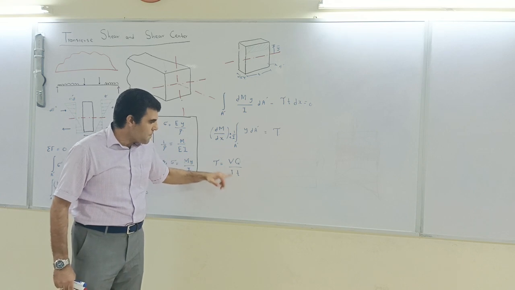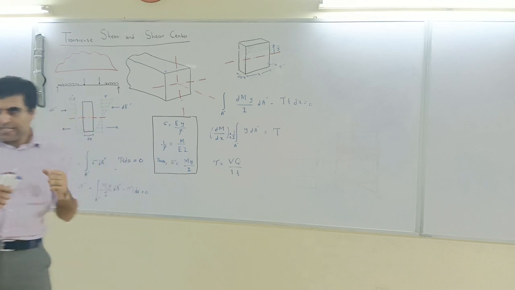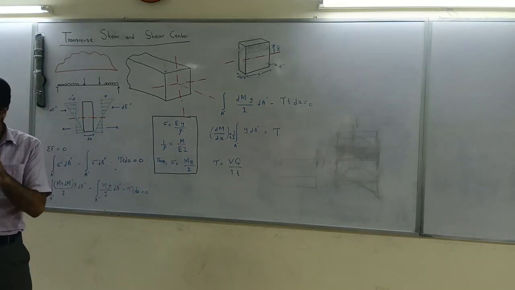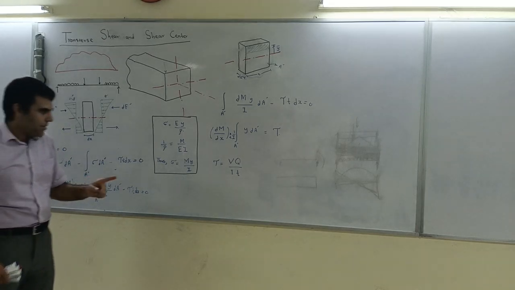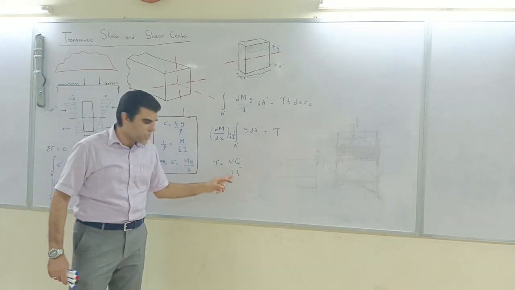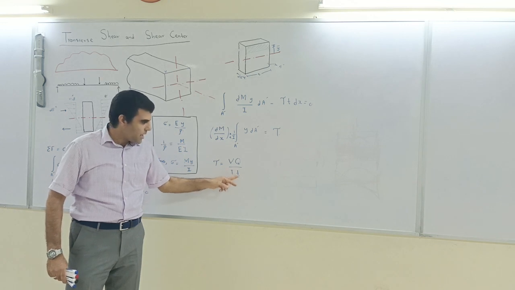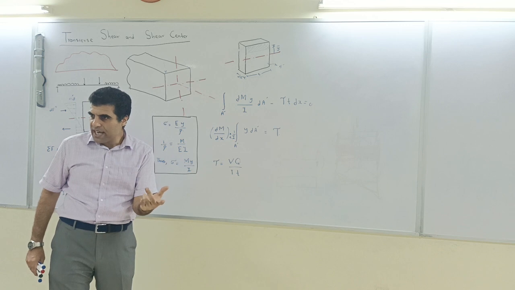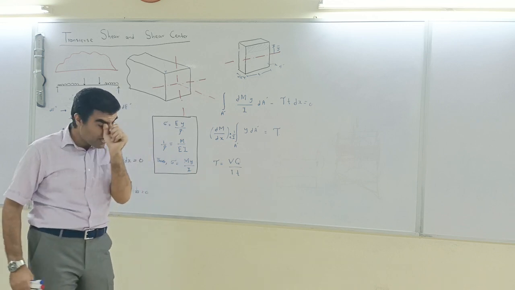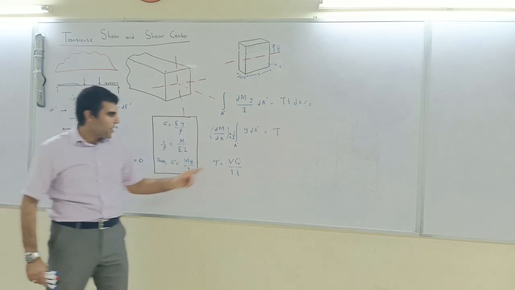Now, if you have a rectangular cross-section beam which is having a cross-section constant all along the length, then your moment of inertia is constant along the length. T, which is the width, is constant along the length in case of a rectangular beam having the same cross-section along the whole length.